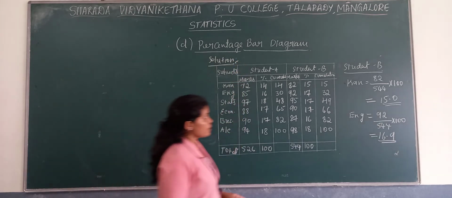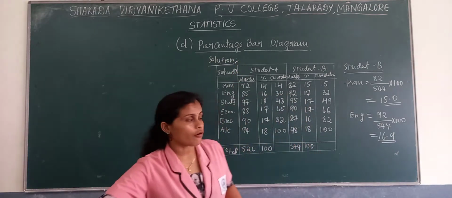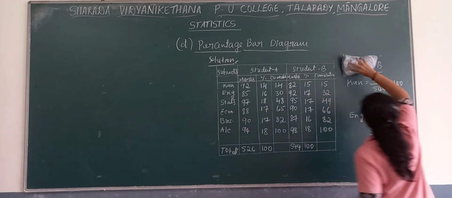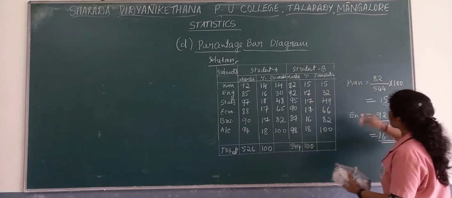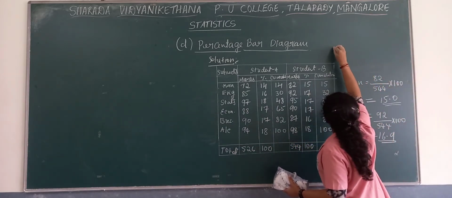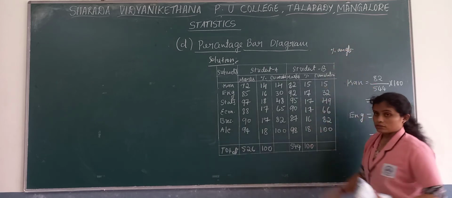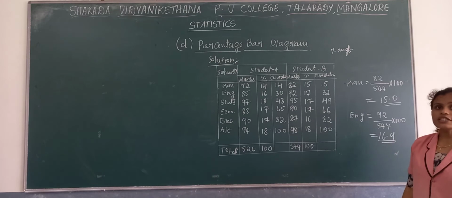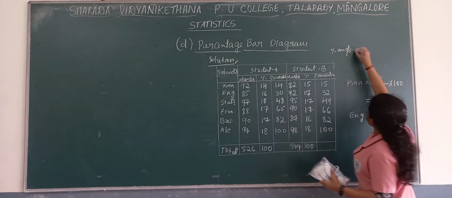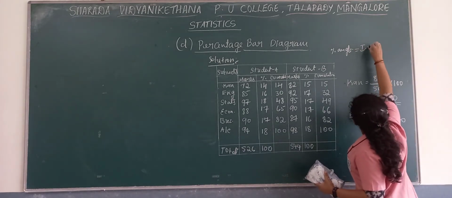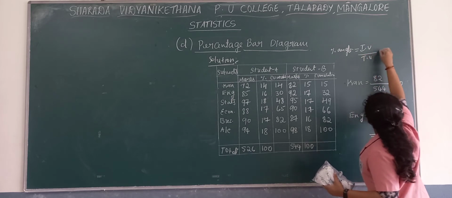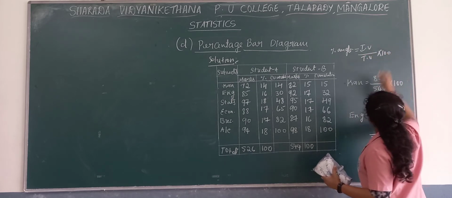Formula I will write here. What was that formula? You have to write the formula, otherwise you won't get marks here. The percentage angle: individual value by total value into 100.